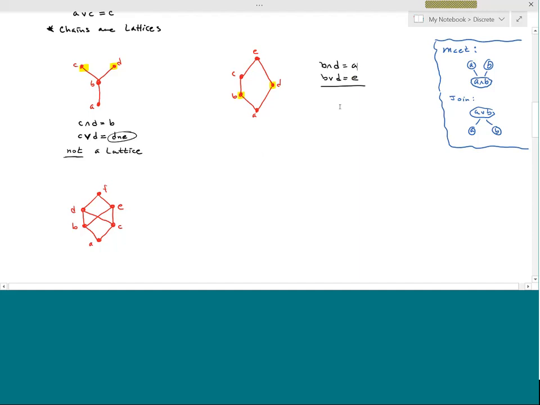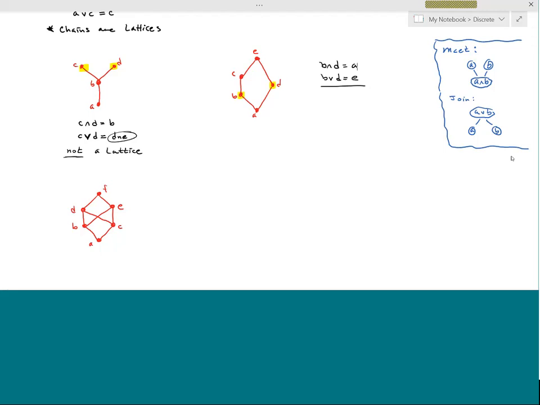One of the things that I found helps some people is these little guys, the caret and the V shape. You can think of it as pointing towards your element. So on the meet, it's like an arrow pointing up to your element A, up to your element B. With the join, it's like an arrowhead pointing down to your element A, down to your element B. If that helps, go for it.